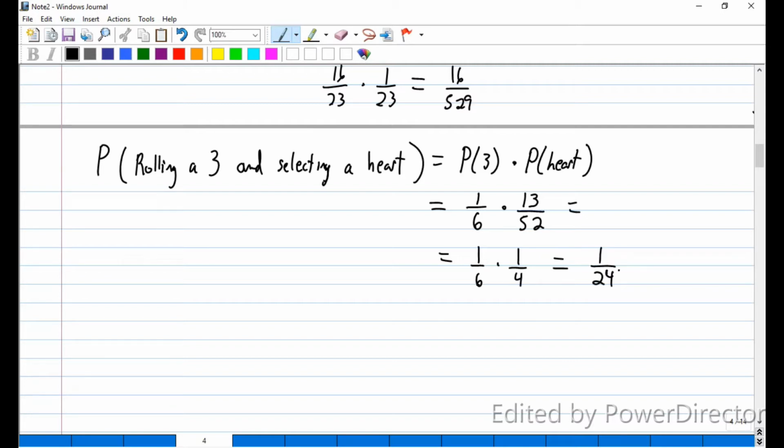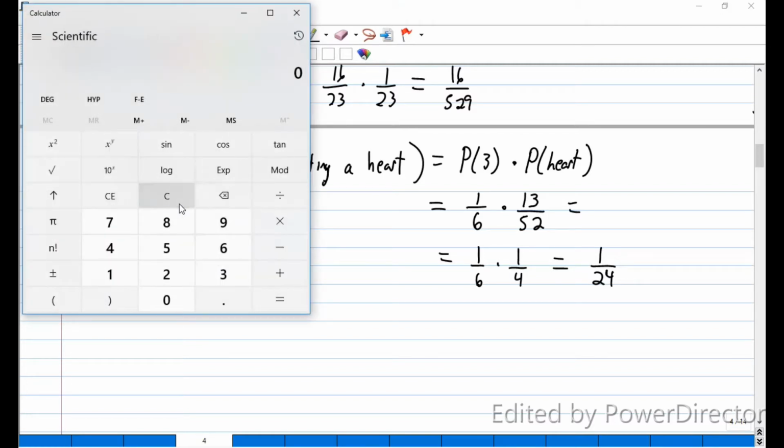And you can make that a decimal if you want. But there is a very small chance that if you roll, I can tell you. You don't believe me? When you go home, if you have a single die and a deck of cards, let's see, 1 divided by 24. So there is a 4.1% chance.